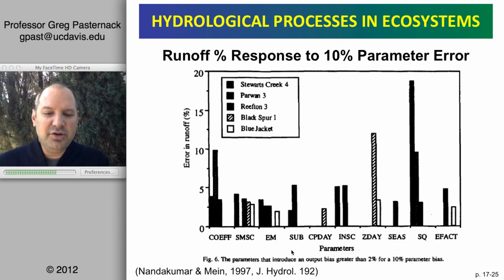And then what this shows is if you introduce error of 10% in a parameter, what is the error in runoff? If it's a linear response, then you would have 10%. If it's less than that, it's a muted effect. And if it's more than that, it's an amplified effect. And here are these different coefficients.